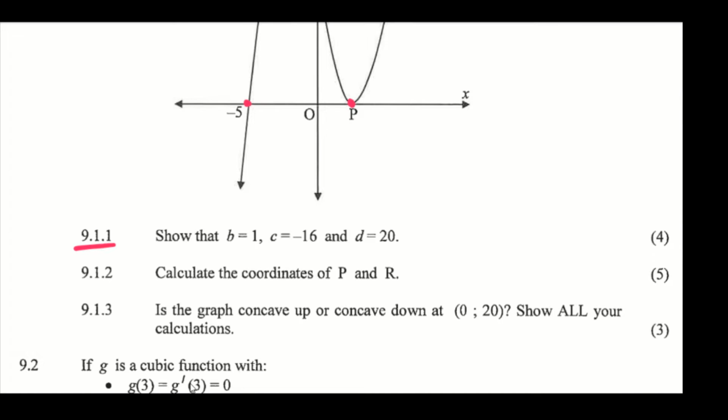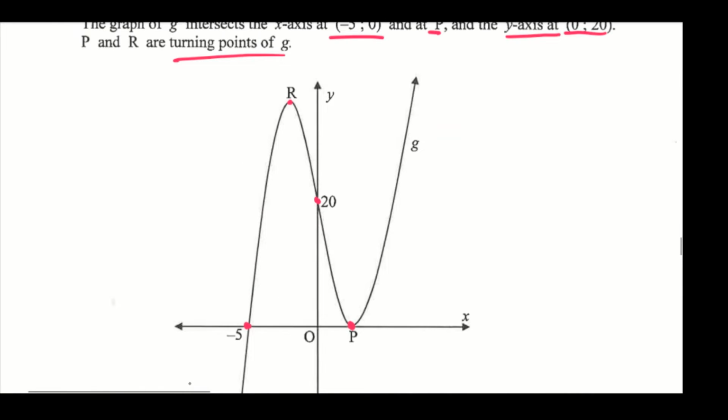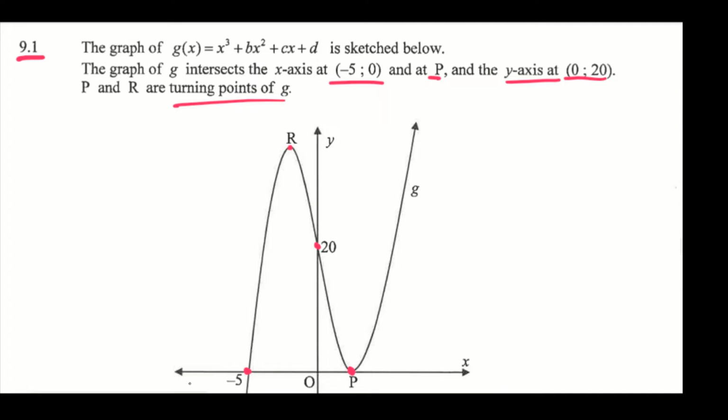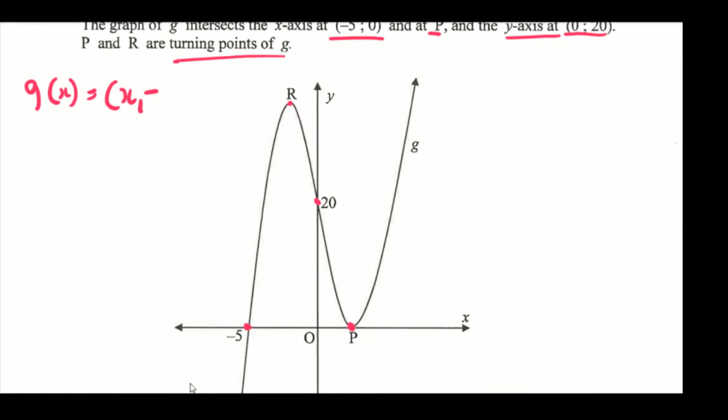So 9.1.1, we are asked to show that b equals 1, c equals -16, and d equals 20. So what we can do here is write our g of x in terms of x1. We have our x-intercept to be -5, right?